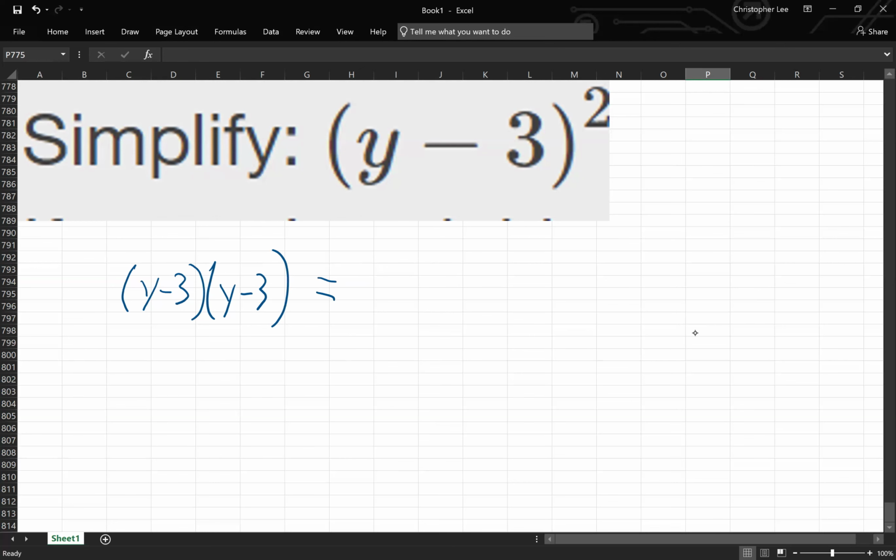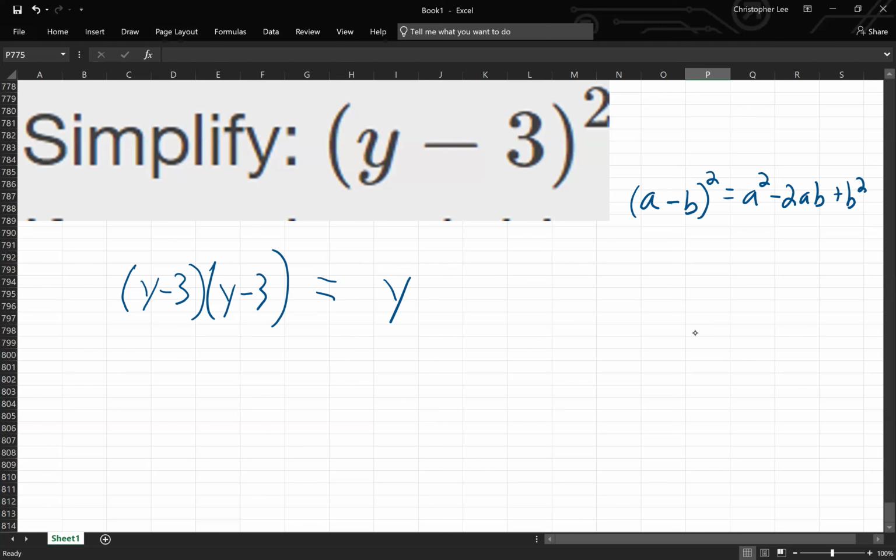Or remember that we have that trick that we could use, right? Remember we have our perfect square trinomials, right? If I have a minus b squared, that's the same as a squared minus 2ab plus b squared. You can use that trick as well, right? I'm going to use that trick.